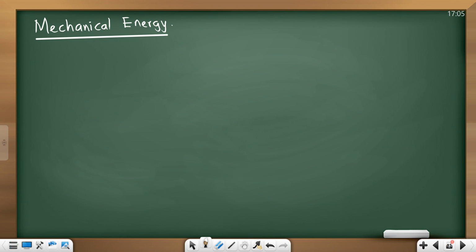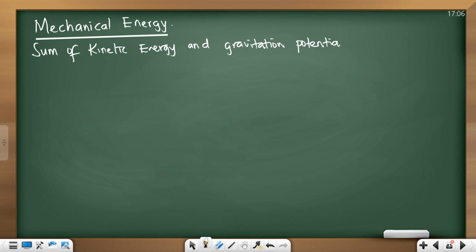Mechanical energy is the sum of kinetic energy and gravitational potential energy. So when we add those two energies together, we have what you call mechanical energy.